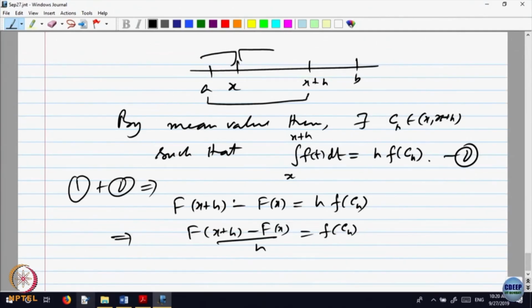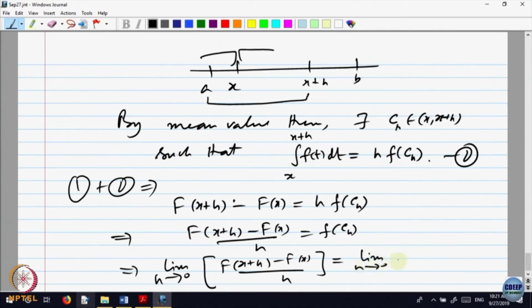And to compute the derivative, we should take the limit as h goes to 0. So take the limit: the limit as h goes to 0 of f of x plus h minus f of x divided by h is equal to the limit as h goes to 0 of f of c_h.